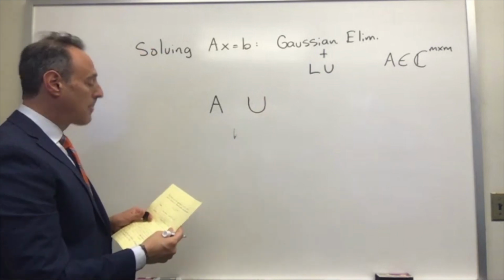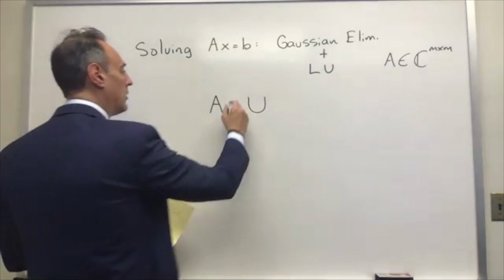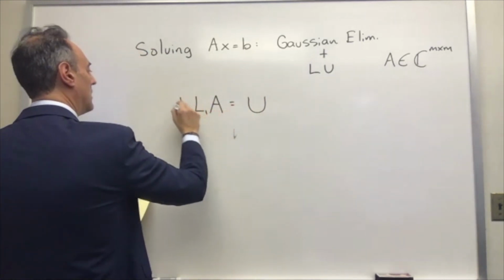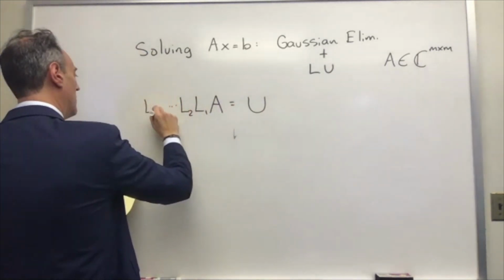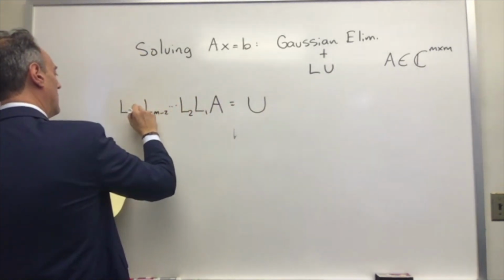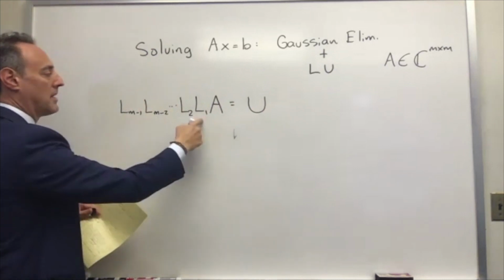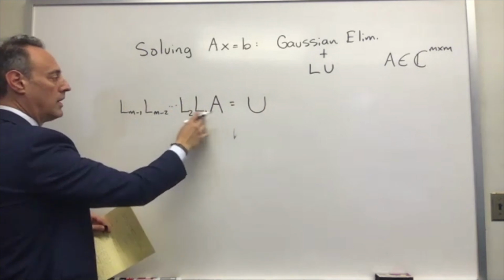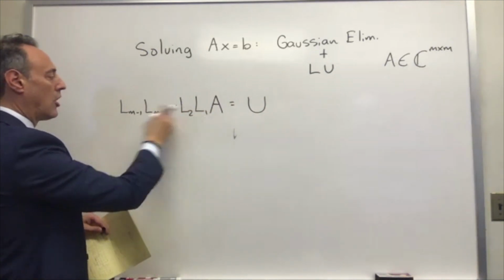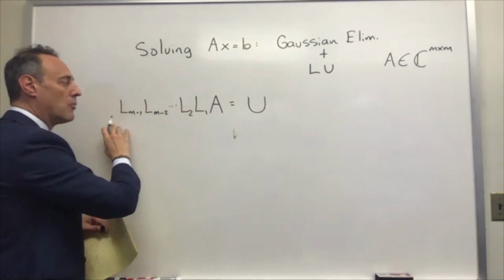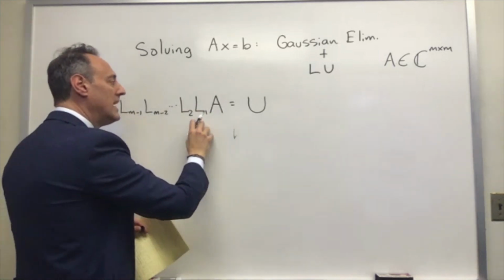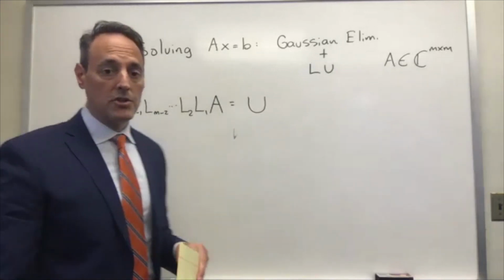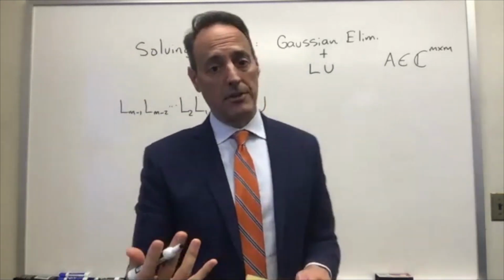One way to represent that is the following: I want to do a series of operations, which I will represent by these matrix multiplications. I multiply by L1, then by L2, L3, all the way to L_{m-1}. What these operations are trying to do is take this matrix A and turn it into an upper triangular form. This is exactly what we do in Gaussian elimination.